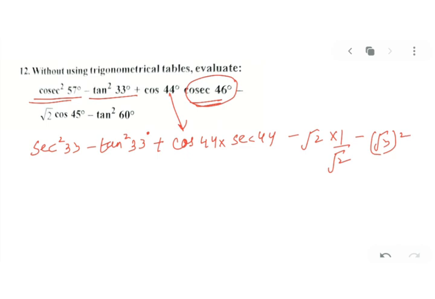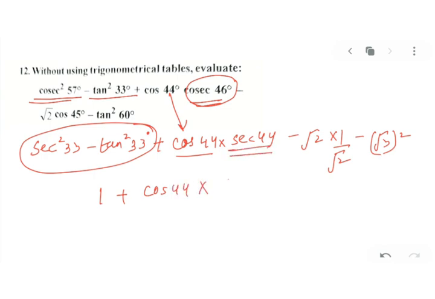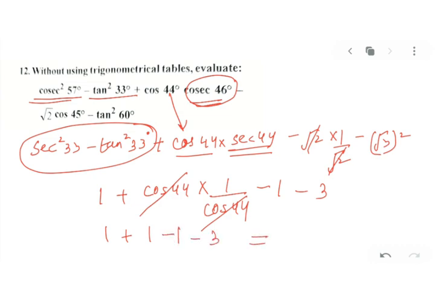Now my dear kids, we have an identity sec square theta minus tan square theta is 1, so I'll put it 1. Here cos 44 as it is you write it. For sec 44 you can write 1 upon cos 44, so that this can be eliminated. This is already eliminated and here it is 3. So you got 1 plus 1 minus 1 minus 3. So your final answer is minus 2.